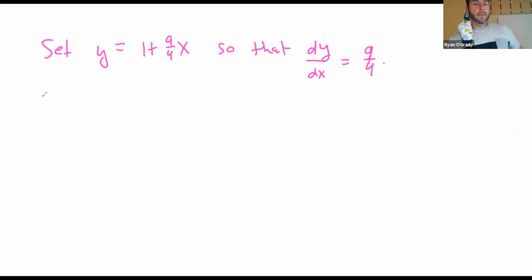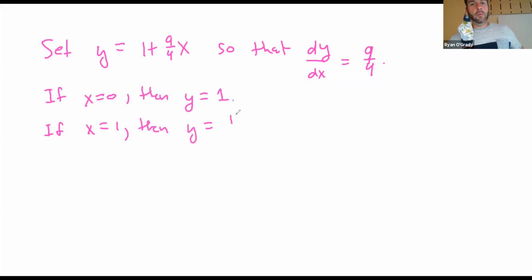And then if x is 0, then y is equal to 1. And then if x is 1, then y equals 13 fourths. So what I'm doing there is getting my new bounds in terms of y.